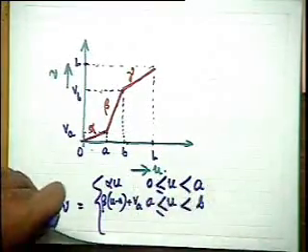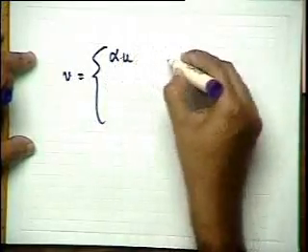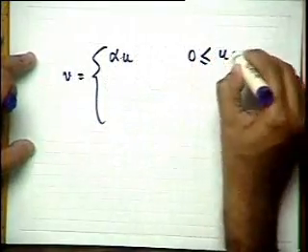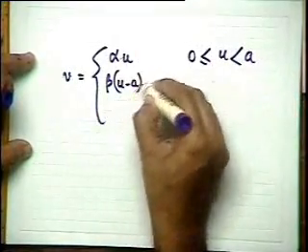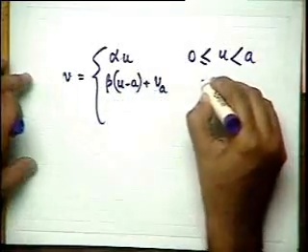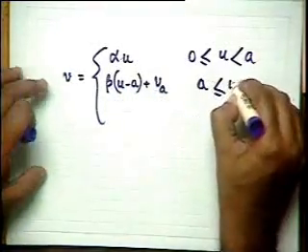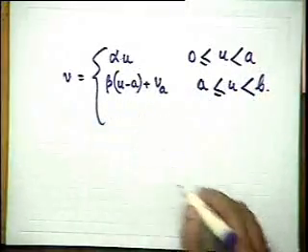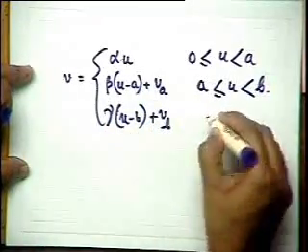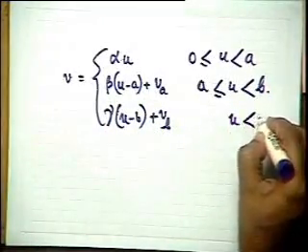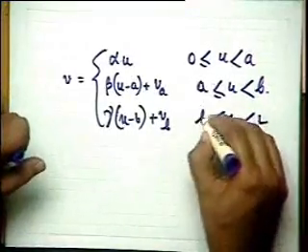Let me write it down separately, because otherwise you may have difficulty reading it. So V is equal to alpha U when U is in the range of 0 to A. V is equal to beta times (U minus A) plus VA when U is in the range of A to B, and V is equal to gamma times (U minus B) plus VB when U is in the range of B to L. Just verify it from this transfer function.